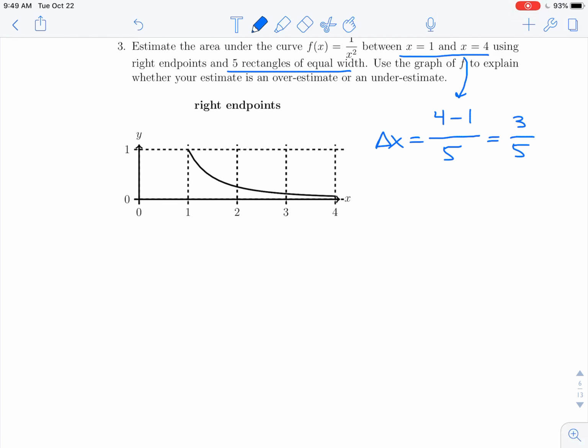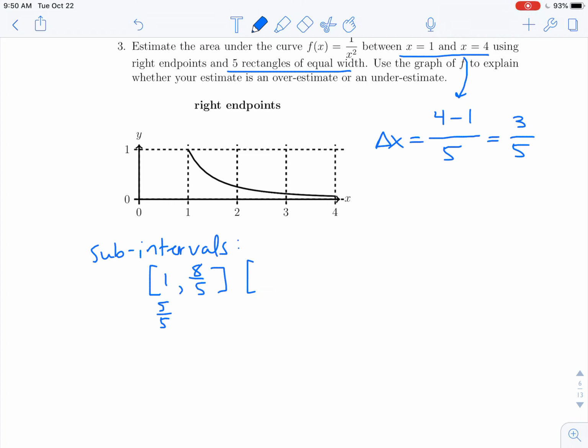So we're supposed to have 5 subintervals. And the first one is supposed to start at 1. And then, by the way, that's 5/5. And you're supposed to get that subinterval's right endpoint by adding delta x to the 1. So 1 plus 3/5 is 8/5.